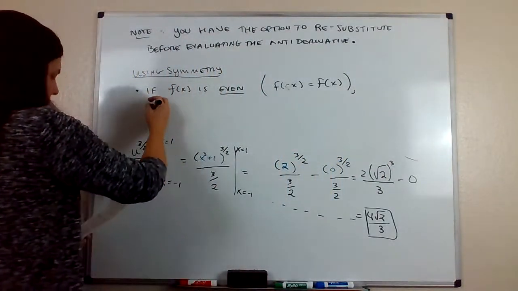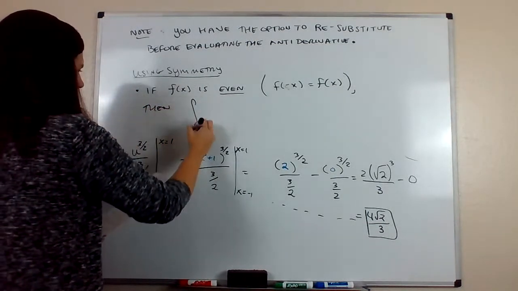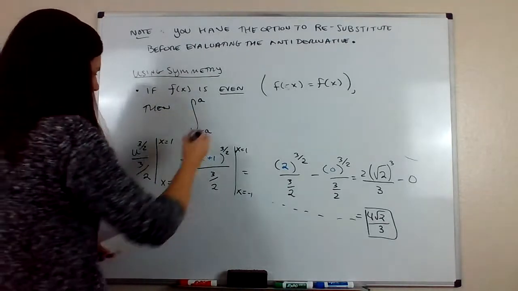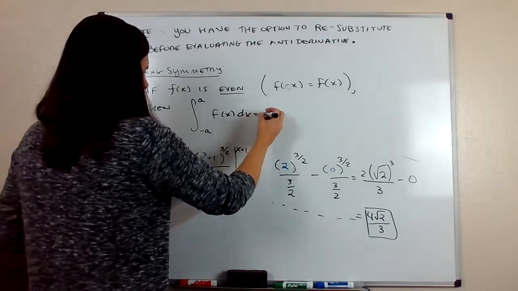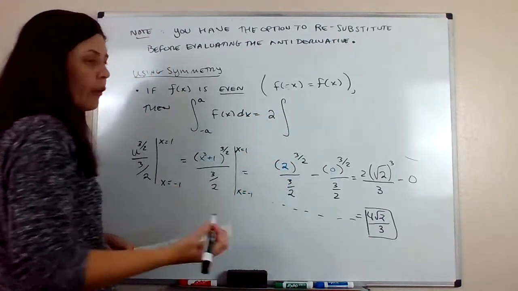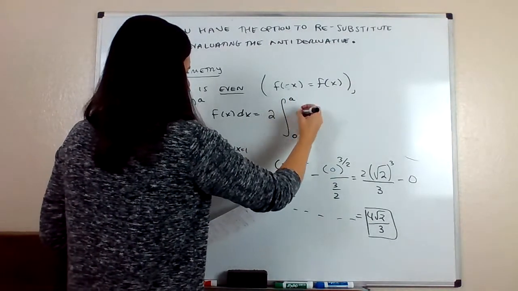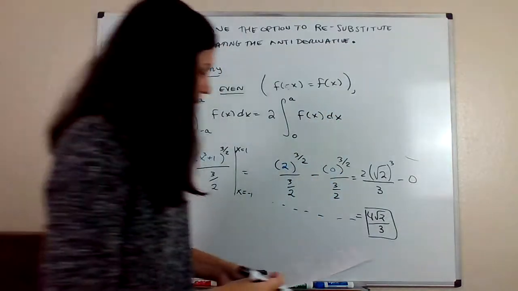So if you're integrating from negative a to a of f of x dx, you can simplify and just say that your value is twice the integral from 0 to a of your function. I'm going to show you a visual for this.